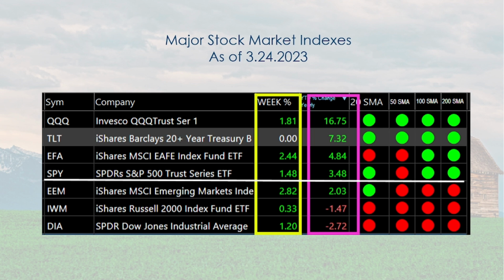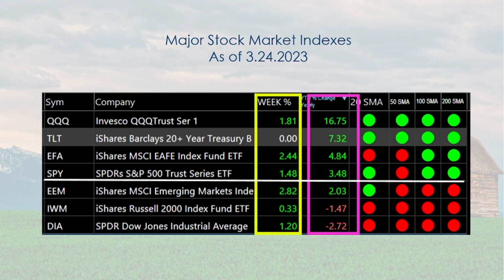I put a white line underneath the S&P. It's sort of in the middle, but it tells you where it is and those that are above it and those that are below it. The weaker ones are emerging markets, small cap index, Russell 2000, and the weakest is the Dow Industrials.